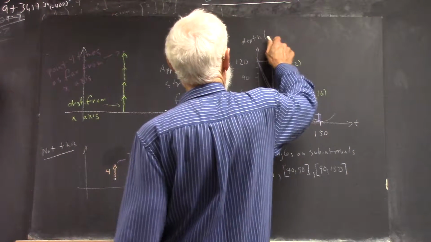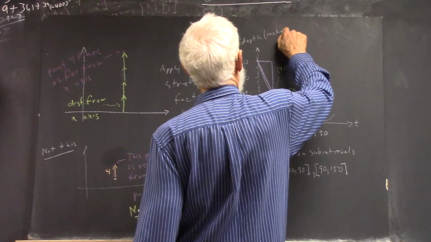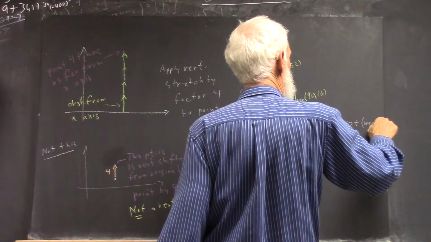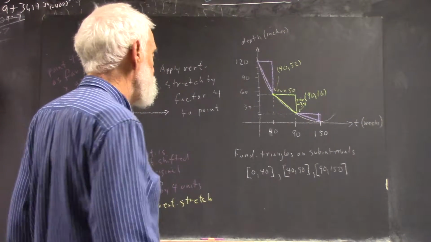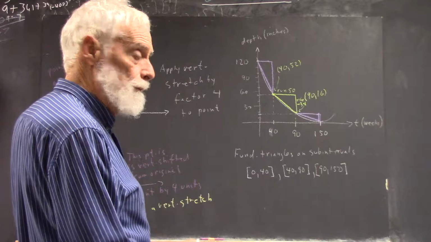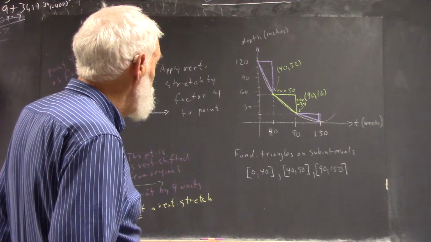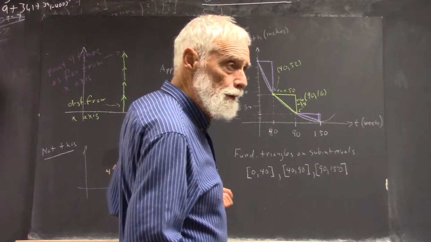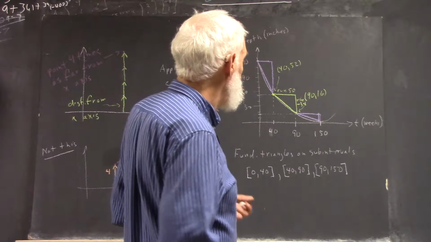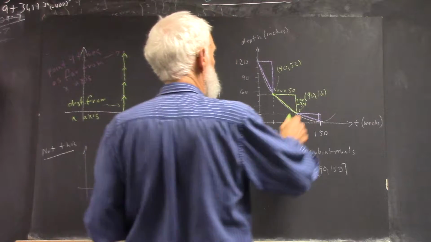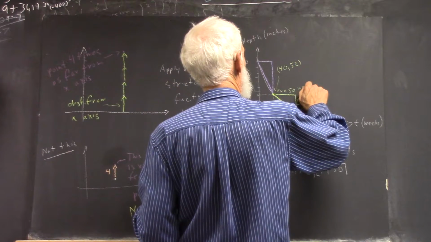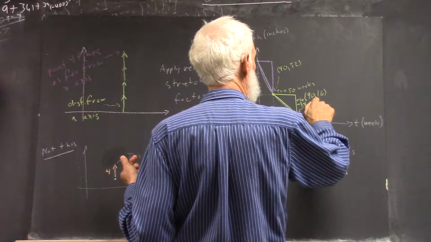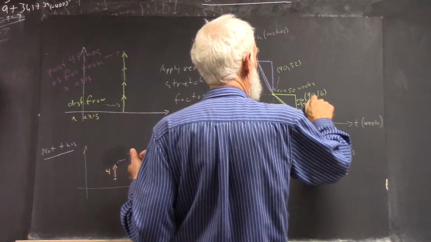Depth in inches, time in weeks. So the run is 50 weeks, and the rise is negative 34 inches.